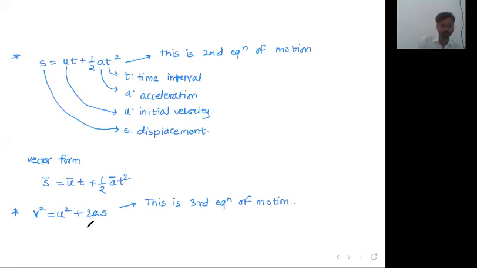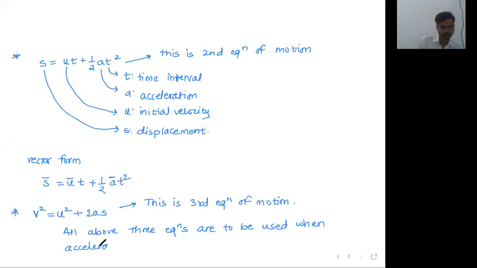All above three equations, first, second and third, are to be used when acceleration is uniform.